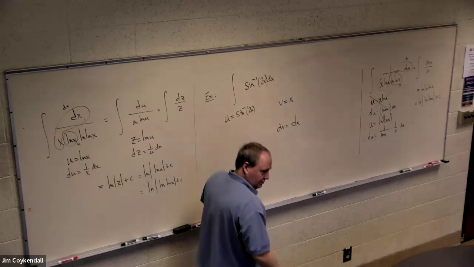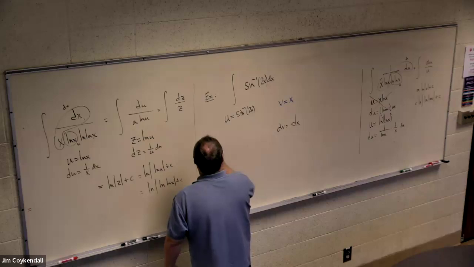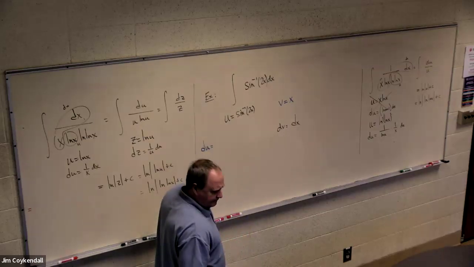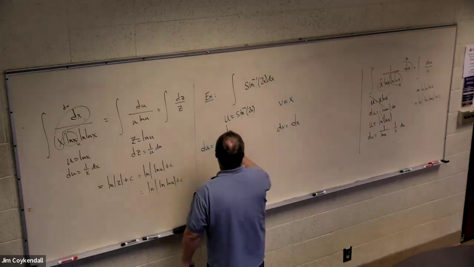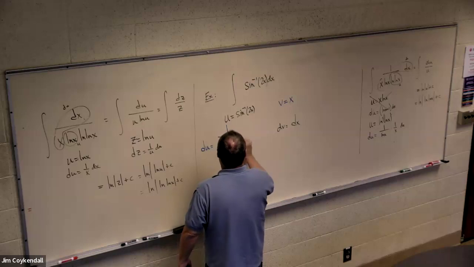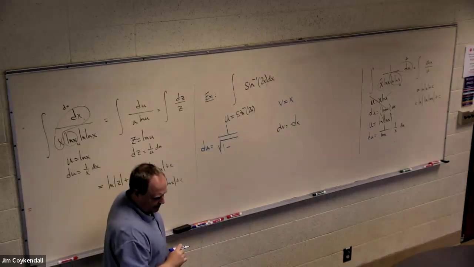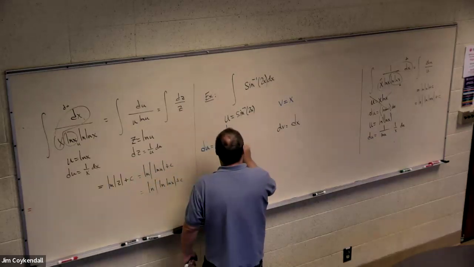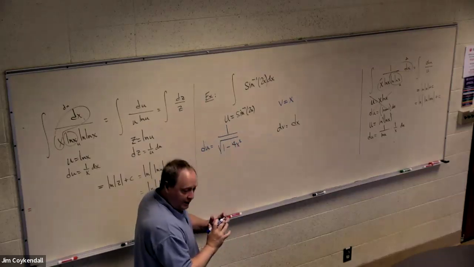v is x, right? du might be a little help on that. What's the derivative of inverse sine? One over the square root of one minus, well, in this case, what is it? Right, so it's going to be 4x squared, because you're actually going to square the 2x.